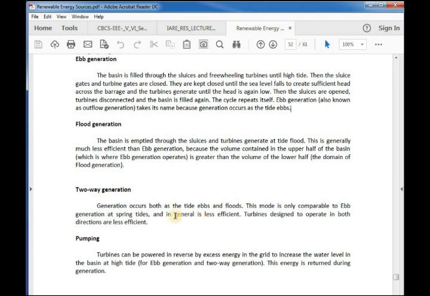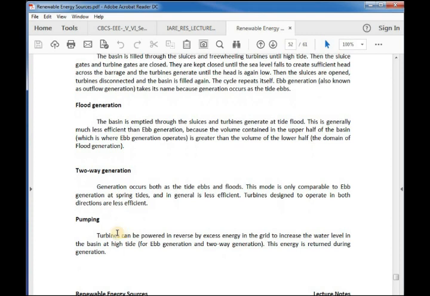So the two-way generation you are using is less efficient when compared to your ebb generation. Okay.